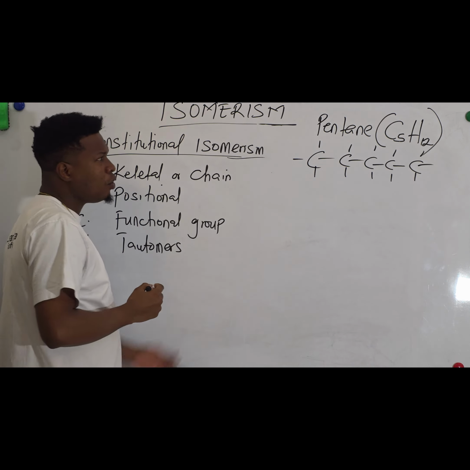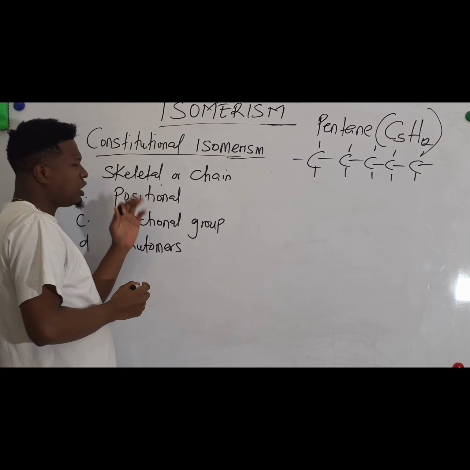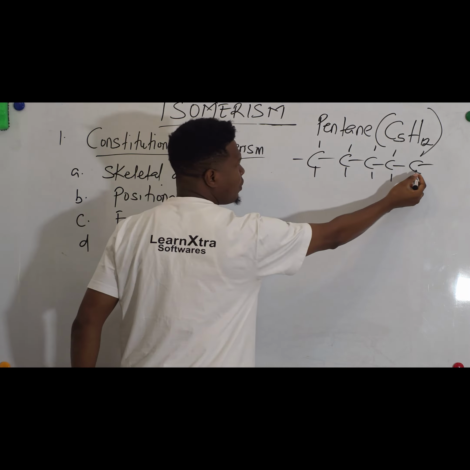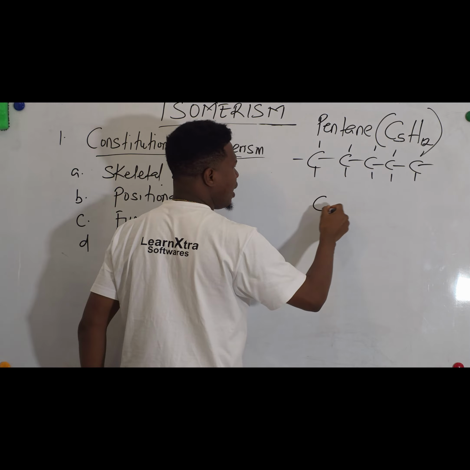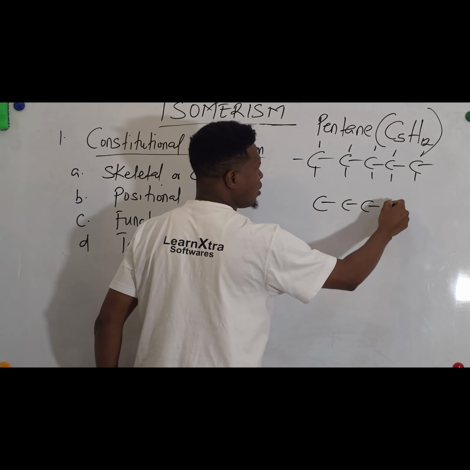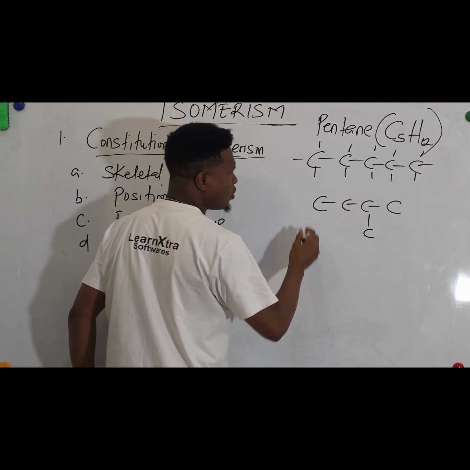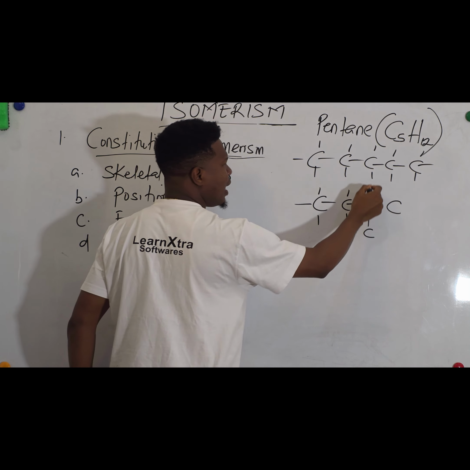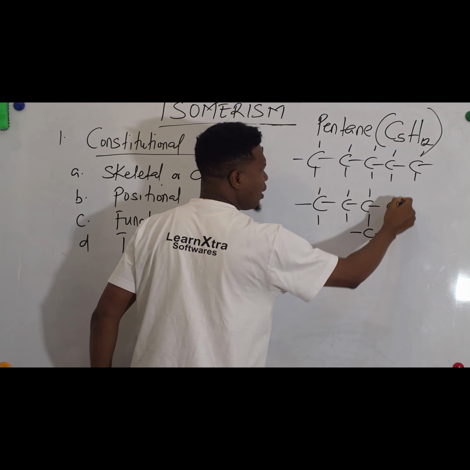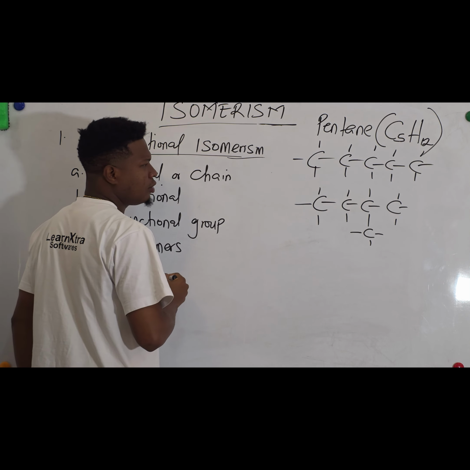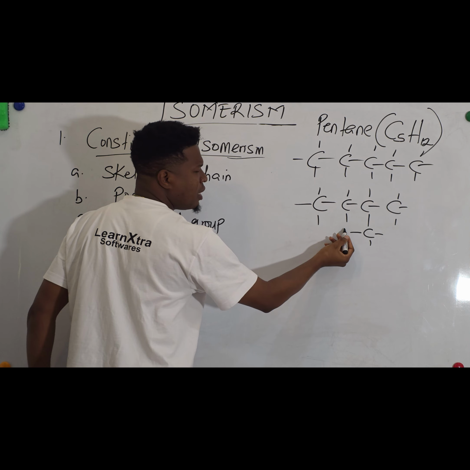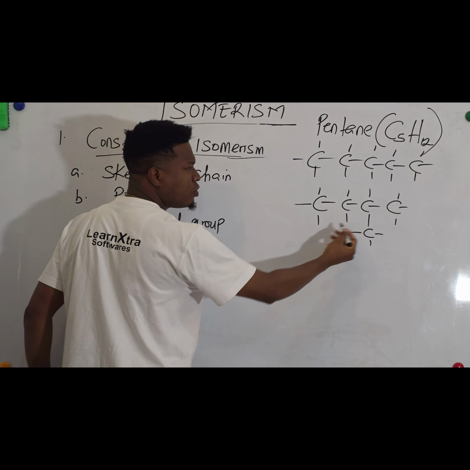So if I want to get the second chain isomer, I will branch one of the carbons somewhere here. So I'm going to have something like this. Instead of going further, I'll branch this. So this is another isomer. If you take this one to this place, it's still the same thing, so there's no need taking it to this place.